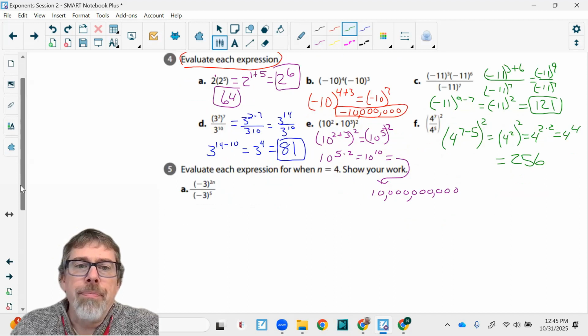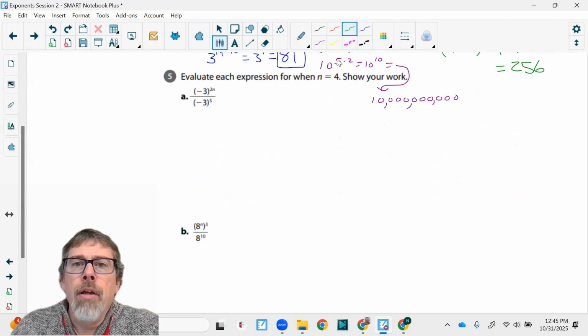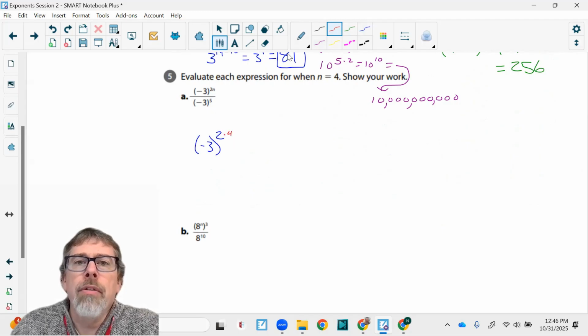Number 5. Our bases are the same, so we can do it. Negative 3. And then the numerator is 2. And it says to evaluate each expression for when n equals 4. So it's 2 times 4. Okay. So that's just this divided by negative 3 to the 5th.